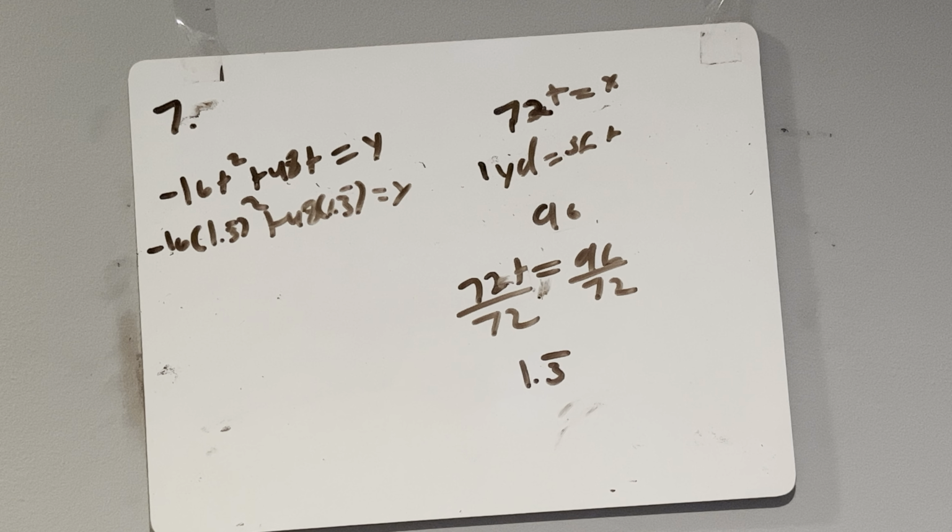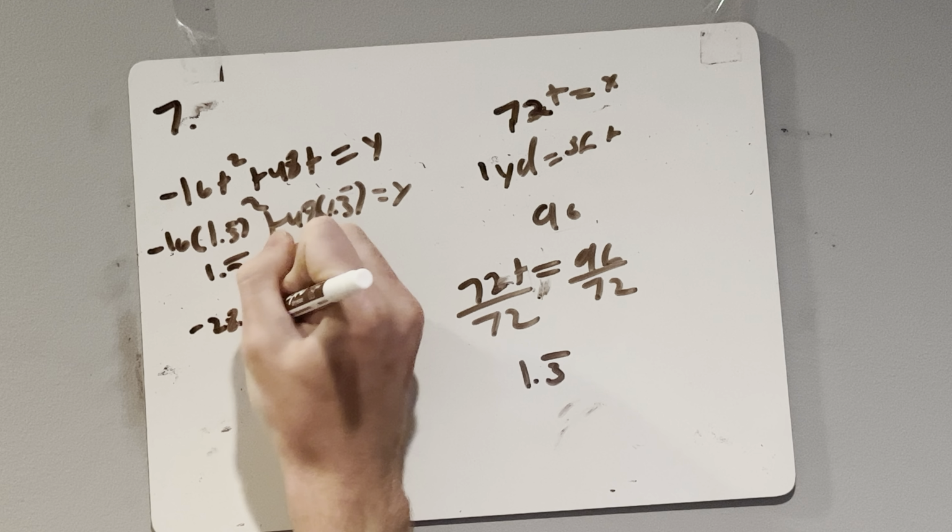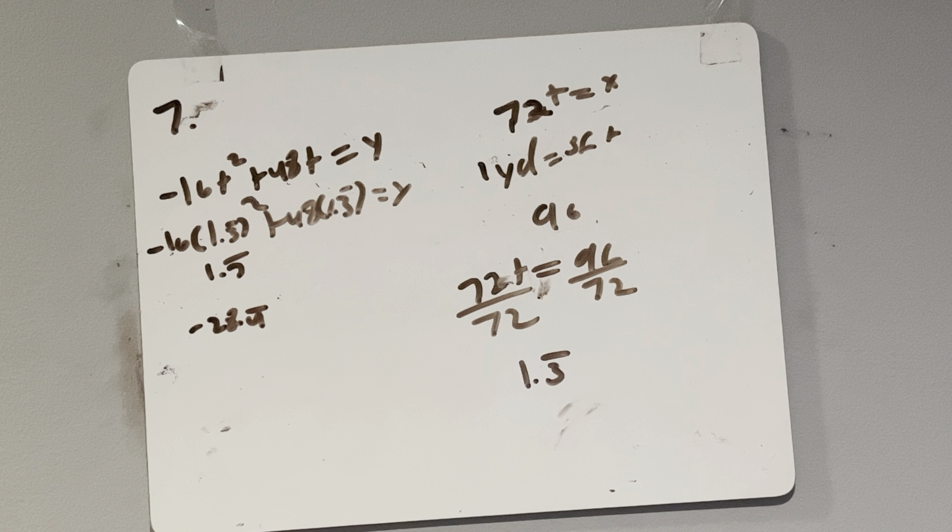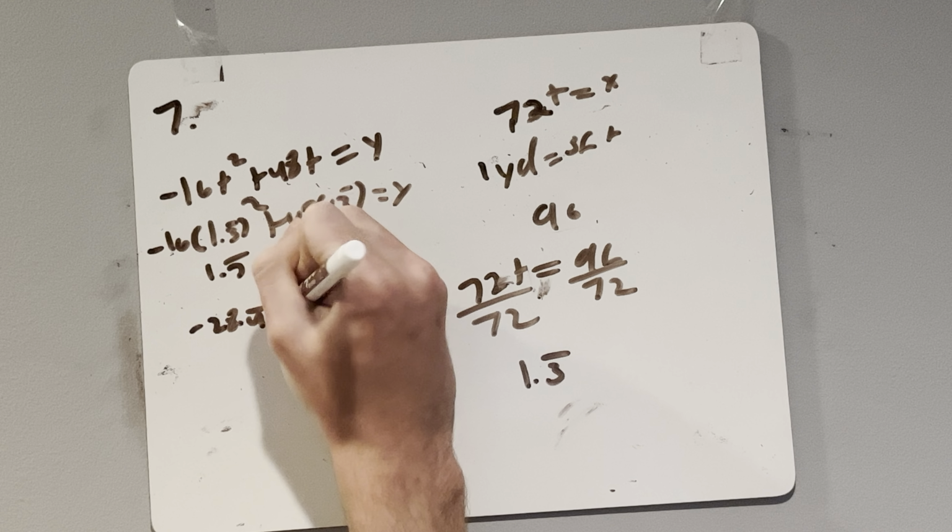So 1.3 repeating to the power of 2 is 1.7 repeating, times negative 16 is negative 28.4 repeating. 48 times 4/3, which is the same as 1.3 repeating, equals 64.